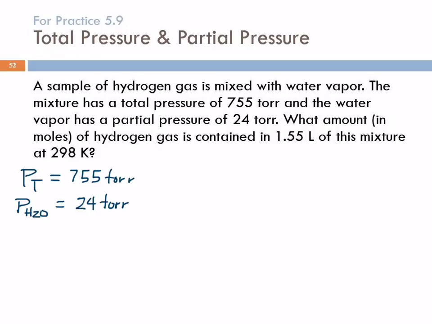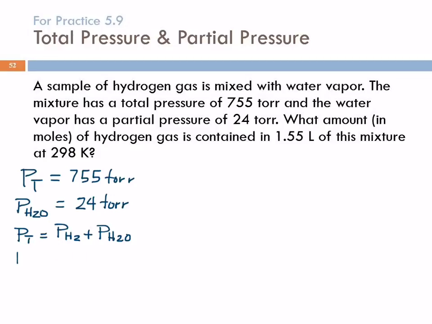Okay, let's think about just the pressures here. We have two gases. So Dalton's law of partial pressures tells us that the total pressure is going to equal the partial pressures of the two gases added together, the hydrogen and the water. We know the pressure of the total mixture, and we know the pressure of the water. We can find the pressure of hydrogen.